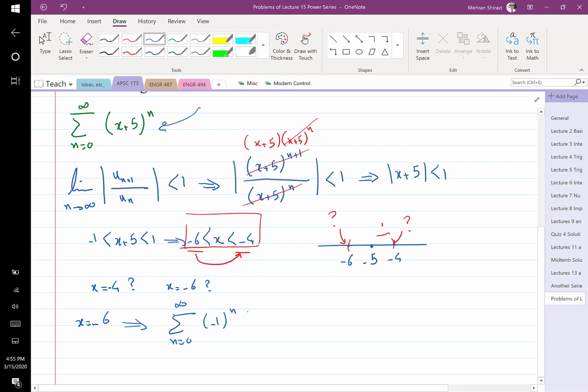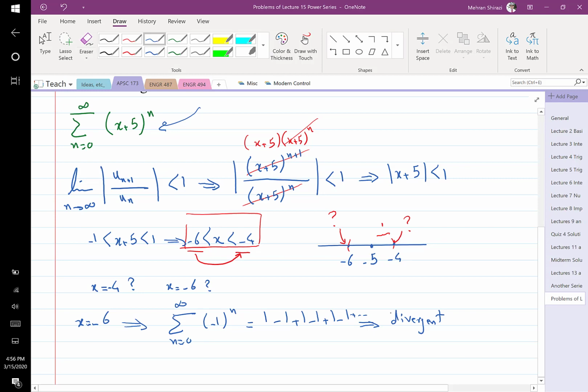We have discussed this series previously. It's (-1) to the power of 0, which is 1, then -1, 1, -1. It's divergent. It's not converging to any number. In class I proved that this is not converging to any number.